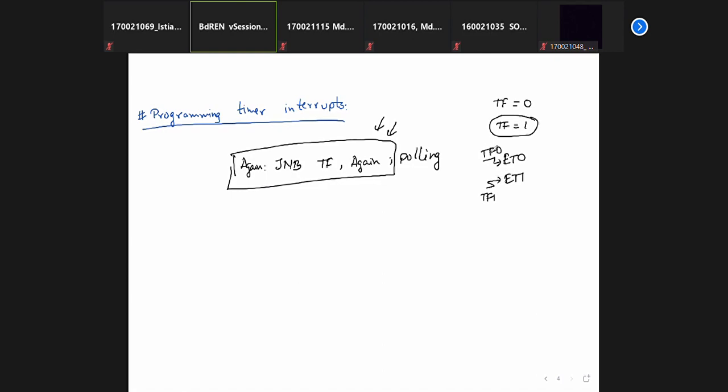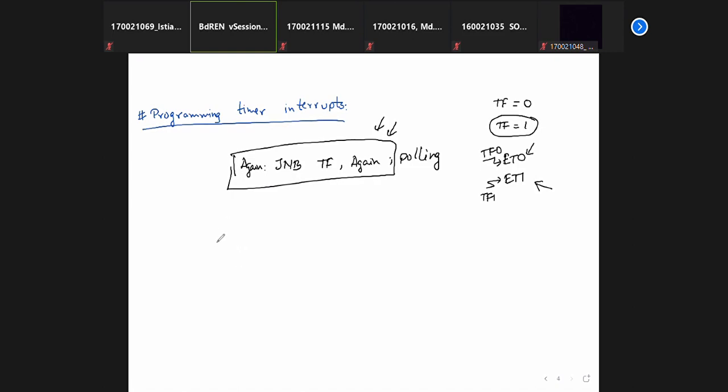In simple language, if TF0 becomes 1, then it can invoke the timer 0 interrupt, and if TF1 becomes 1, it can invoke timer 1 interrupt.